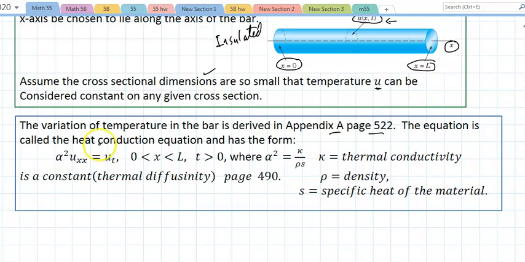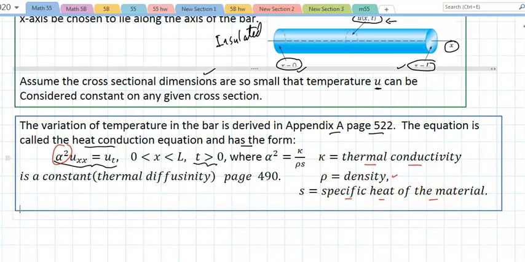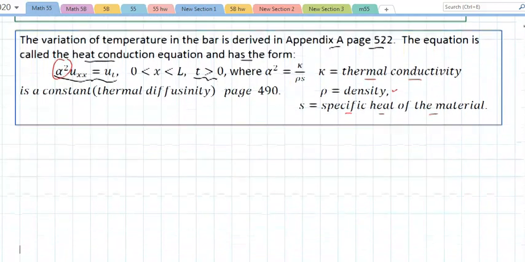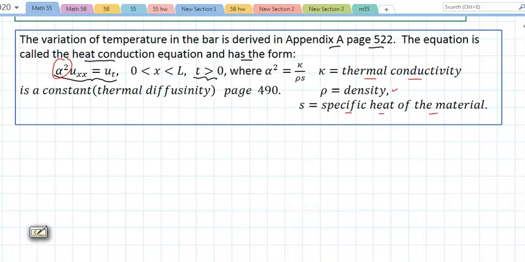The equation is called the heat conduction equation and looks like this, where x is between 0 and L, t is always positive, and this alpha squared is kappa over rho s, where kappa is the thermal conductivity, rho is the density of the material, and s is the specific heat of the material. Different materials have different tolerance for heat. Now, I'm going to make a few assumptions.